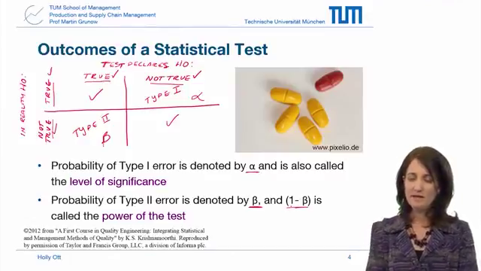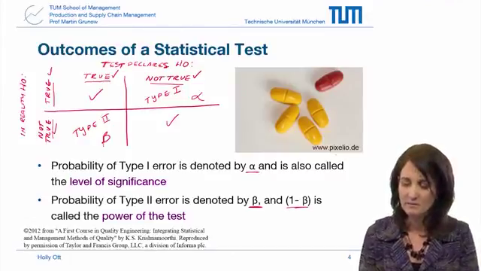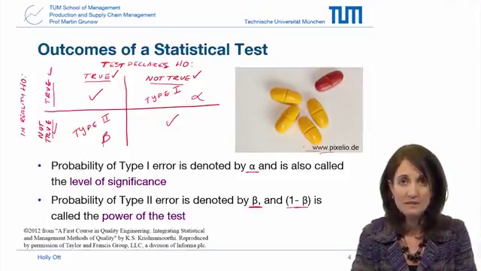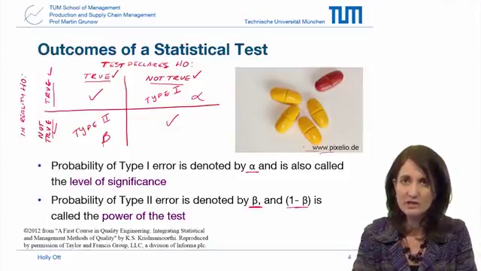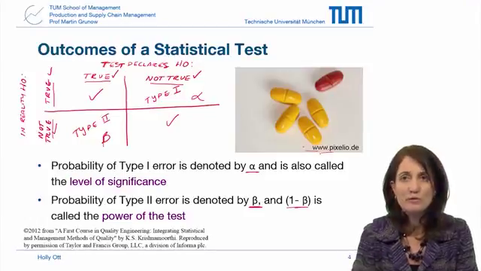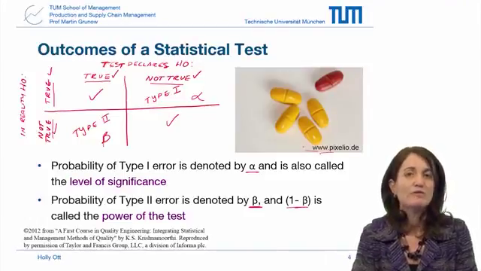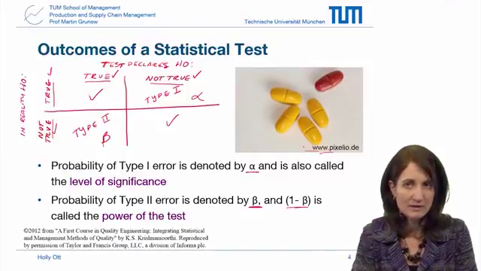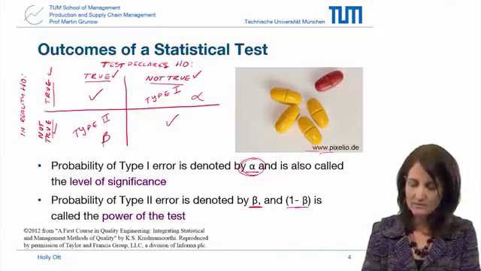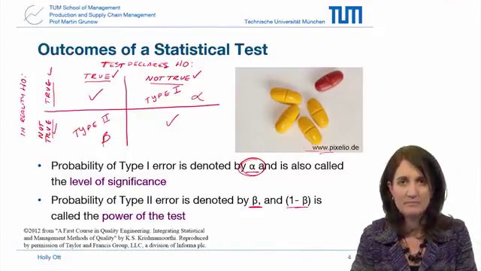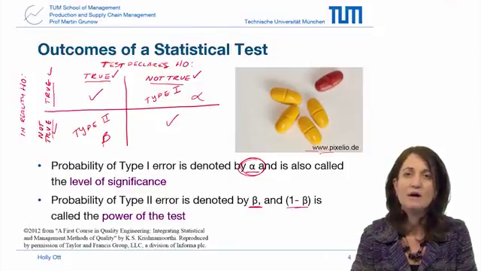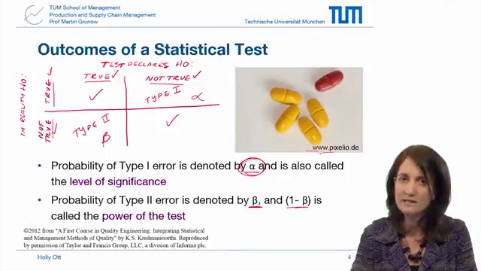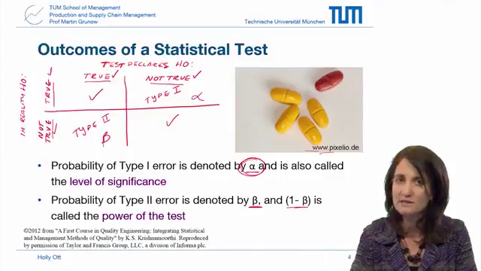So as an example, I have a picture here of some medicine. The U.S. Food and Drug Administration, or the FDA, needs to approve new medicines. And when performing a hypothesis test to test the new medicine, which would be the alternative, the alpha level is set by the FDA. The alpha is the amount of error that the government can tolerate to reject the null hypothesis and accept the new medicine, the alternative hypothesis.